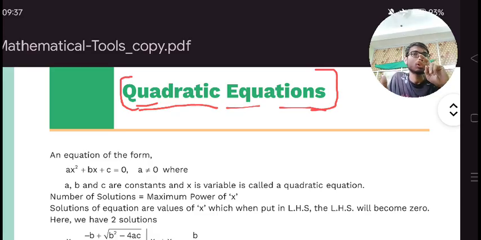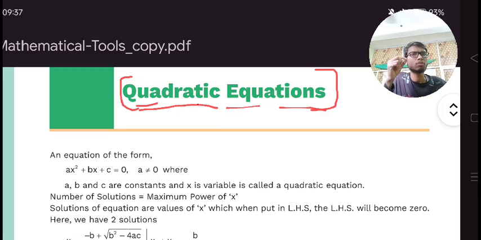Okay, 2 is the exponent of a variable. If a variable contains exponent two, then that polynomial would be what? Quadratic.